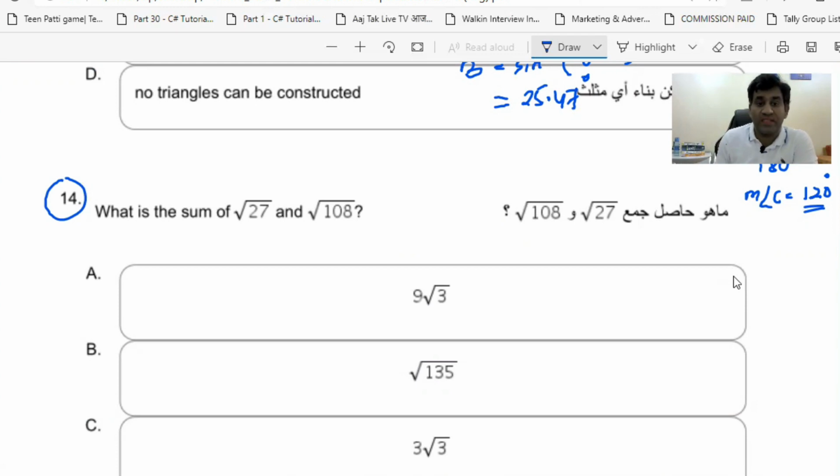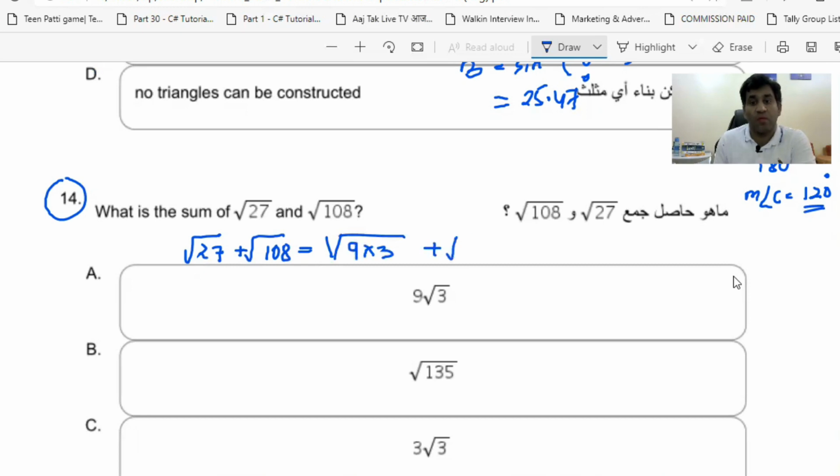So how do I solve the square root of 27 plus the square root of 108? 27 can be written as 9 times 3, and 108 can be written as 9 times 12, isn't it? I can write it because they are just multiplications. So 9 can also be written as 3 squared, so square root of 3 squared times 3, plus square root of 3 squared times 12.